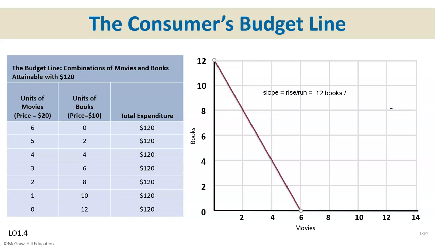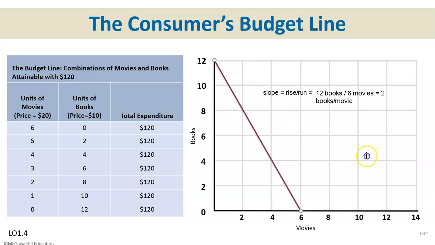And we'll divide by our run, and the run is the distance horizontally that we're moving from right to left. So if we're moving from this point to this point, then we've moved to the right by a distance of 6 movies. If we reduce this, we will get 2. And that actually tells us 2 books per movie. And that's our opportunity cost.